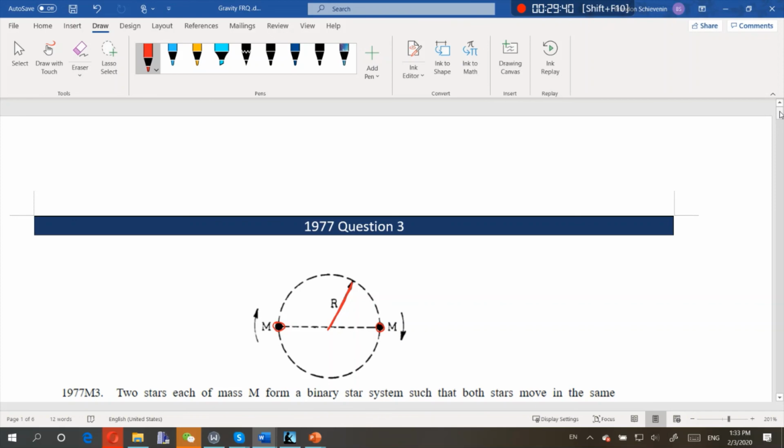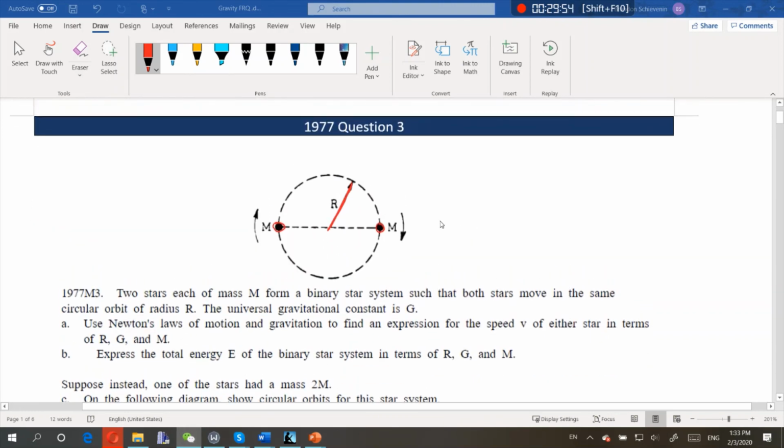I've sent you everything on WeChat as well, so it's the same stuff. I want you to pick any 2 free response questions that are not the one we did today, that's 1977, and complete that one.